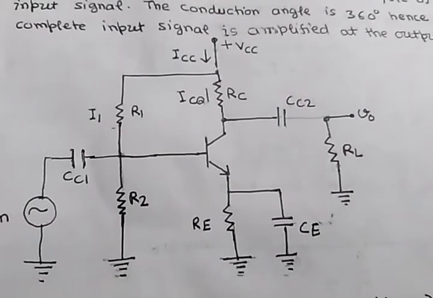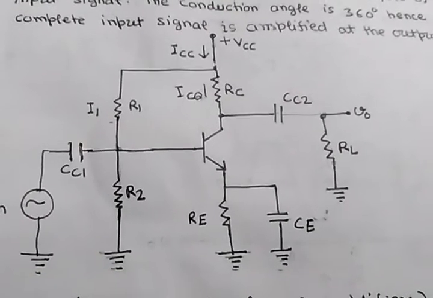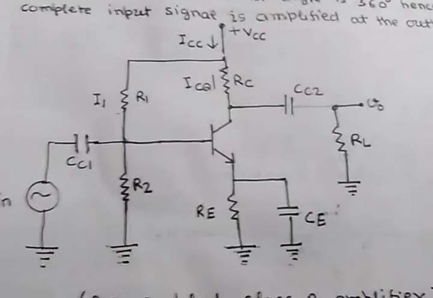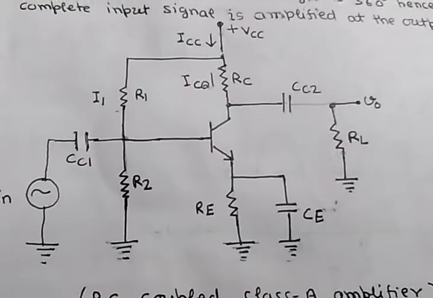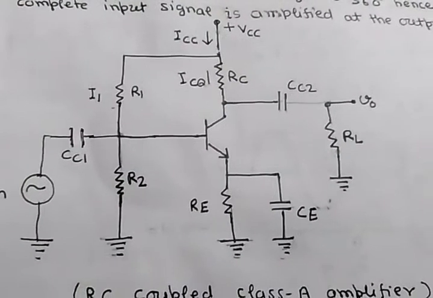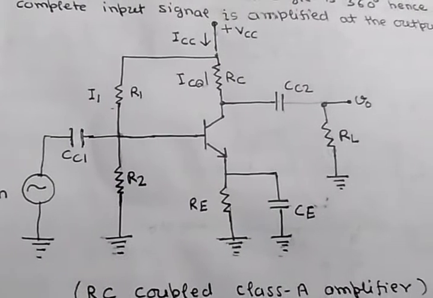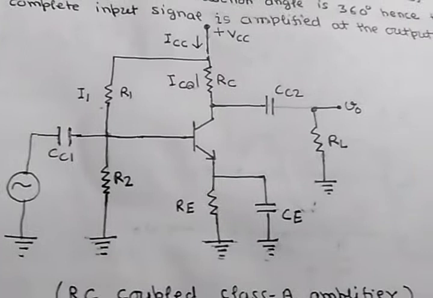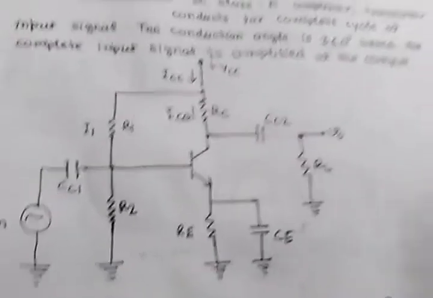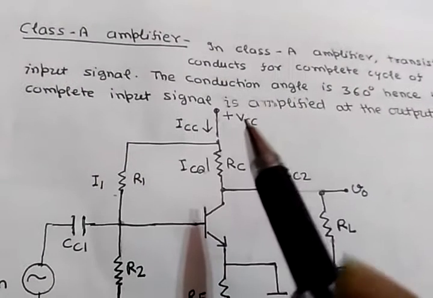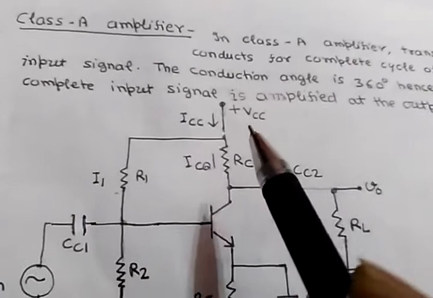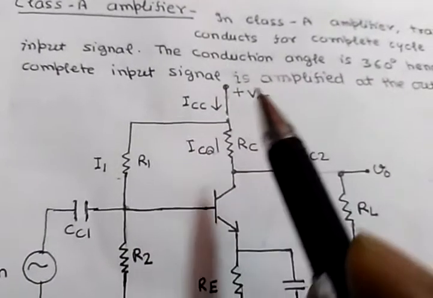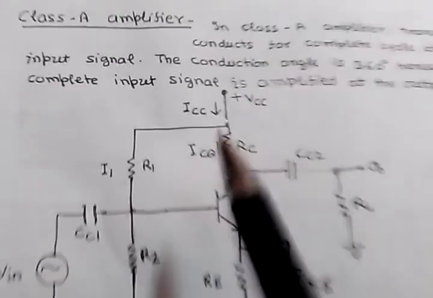To calculate the efficiency of this amplifier, we have to calculate the input power and output power. Input power can be calculated by multiplying the voltage of the power supply VCC and the current supplied by this power supply ICC.